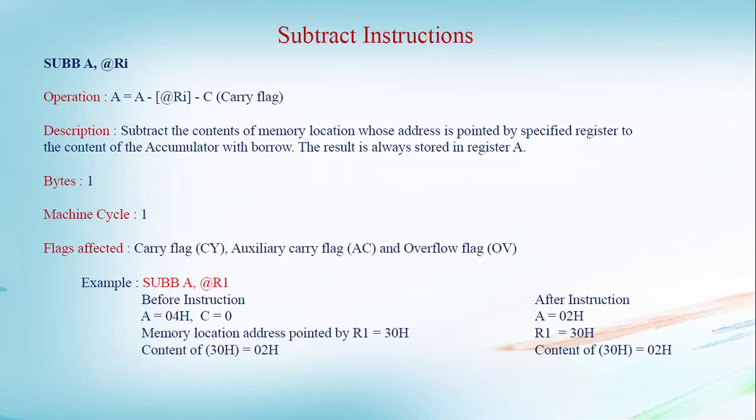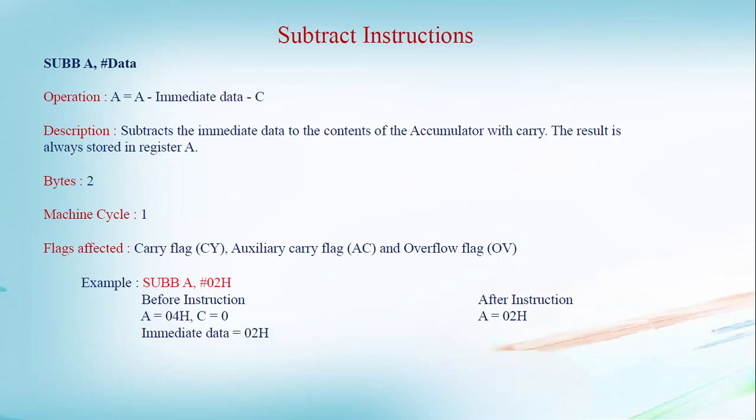Here A equals 04h, C equals 0, and the memory location address pointed by R1 is 30h, and the content of 30h is 02h. So when the instruction gets executed, A equals 04h minus the content of 30h, which is 02h. So A will become 02h after the instruction gets executed.